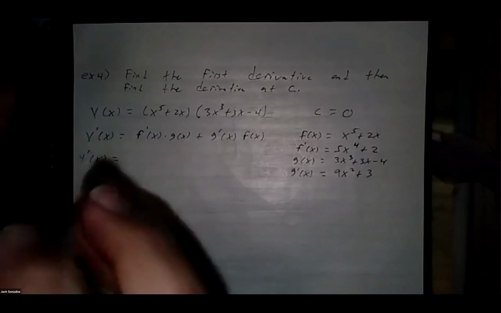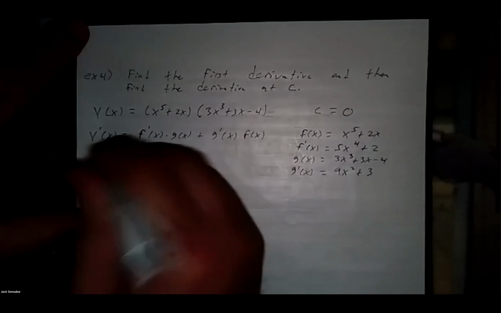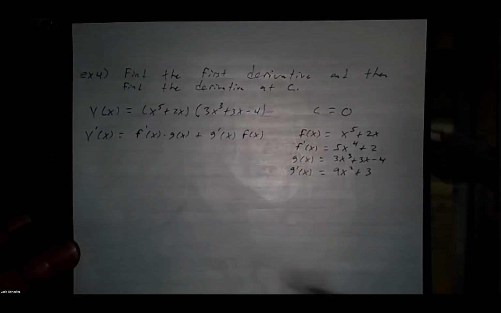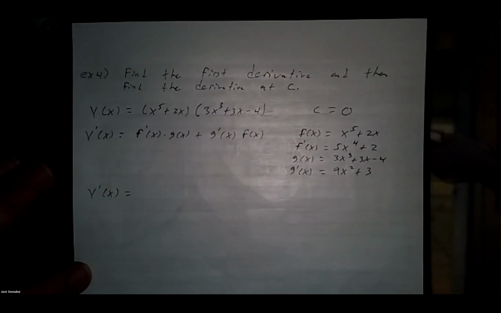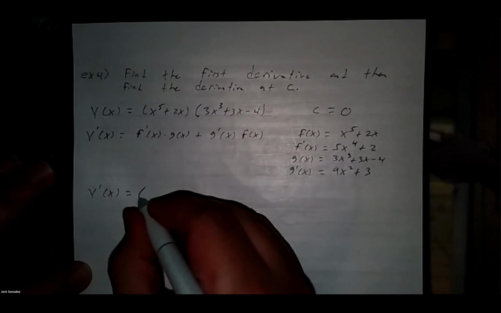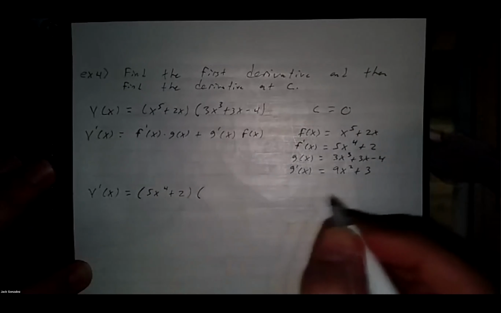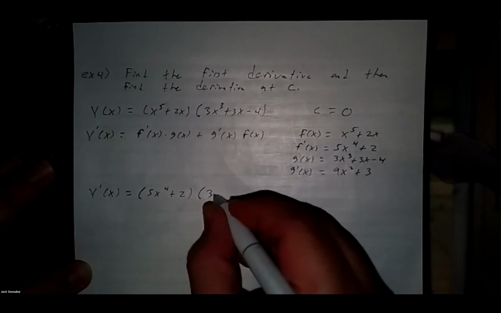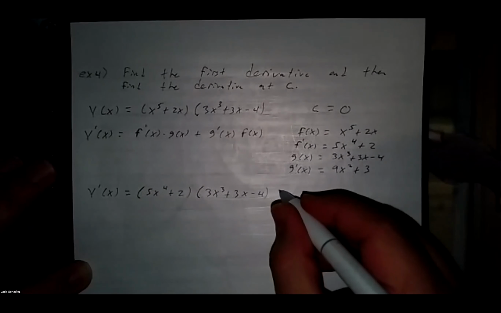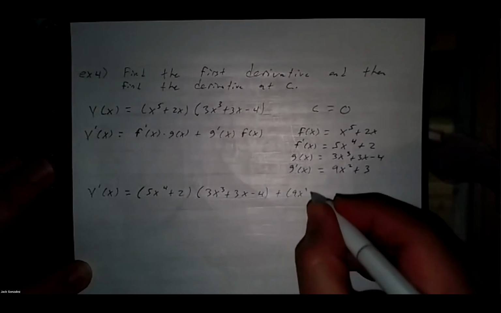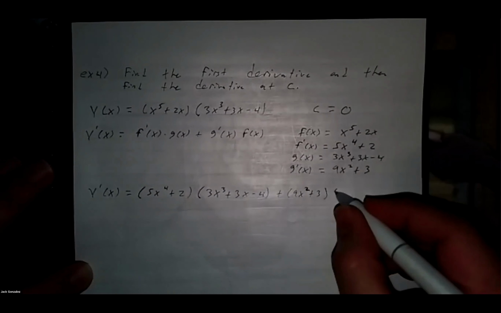I might not have space here, so I'm going to write it lower, tiny. So y prime will be f prime, plus 2 times g, plus g prime times f.